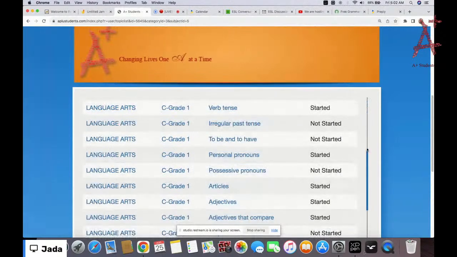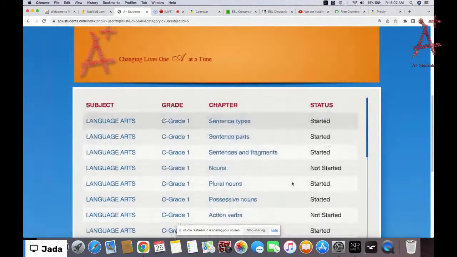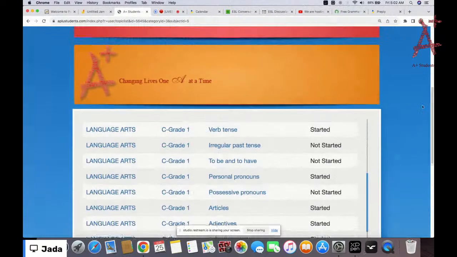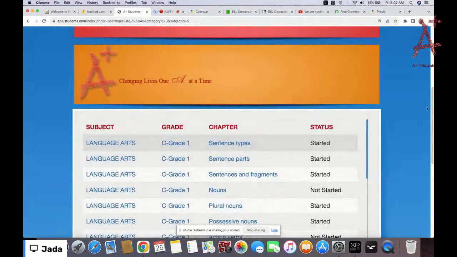So we just go on and get the chapter that we're working on. And the chapter is the subject verb agreement. So that's what we'll do today.